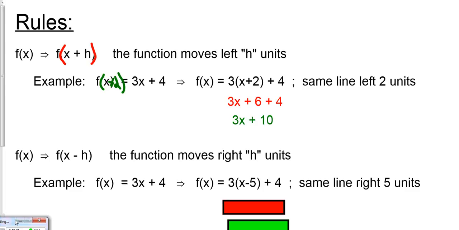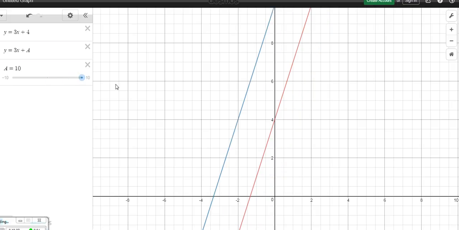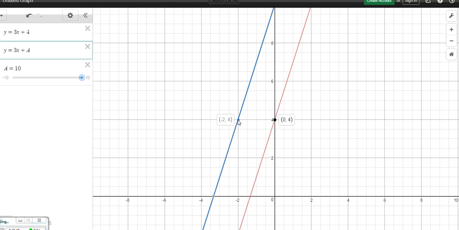So if I were to look at that in Desmos, I would need this to be a 10. So here was my original one, and I actually just slid everything over 2 units to the left.